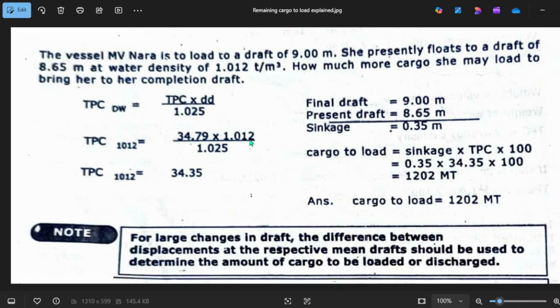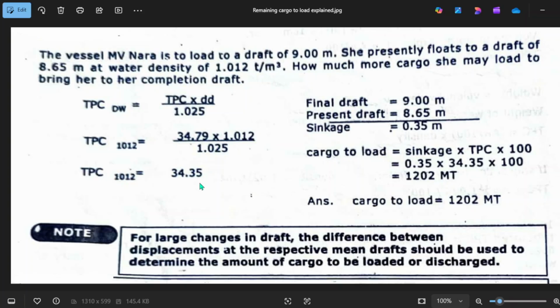While in this case of dock water of 1.012, your TPC is 34.79. With this formula, you are transposing 1.012 to seawater of 1.025. That's why your TPC is less than the TPC of 1.012. That's why you have 34.35. And this should be 1.025 with a TPC of 34.35.